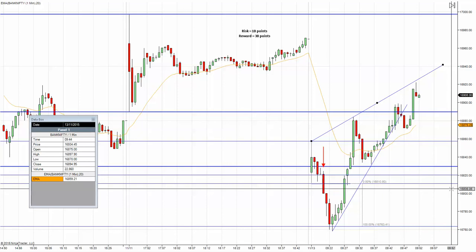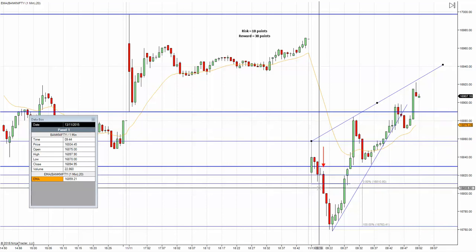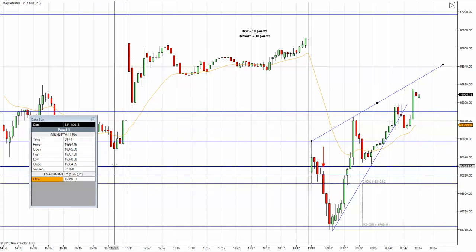Okay, so what happened is that this dark blue line is the low of Tuesday, which is 11:10.